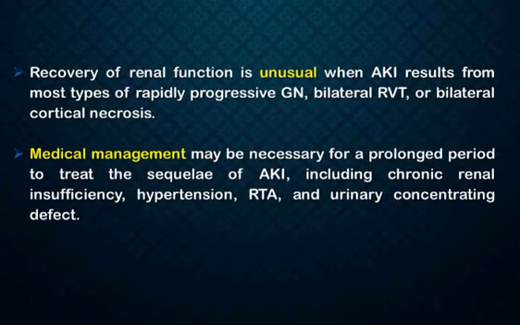Medical management is necessary for a prolonged period, even after correction of the acute kidney injury, to manage the sequelae, including chronic renal insufficiency, hypertension, renal tubular acidosis, and urinary concentrating defect.